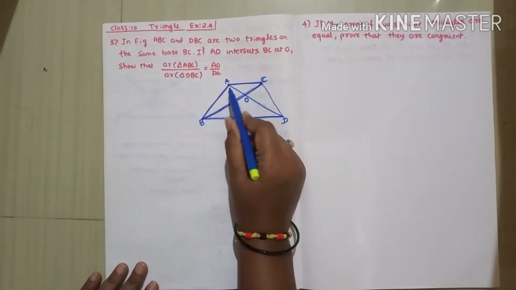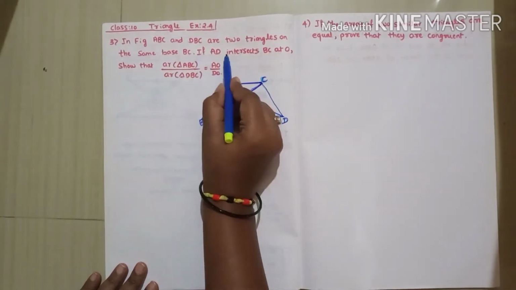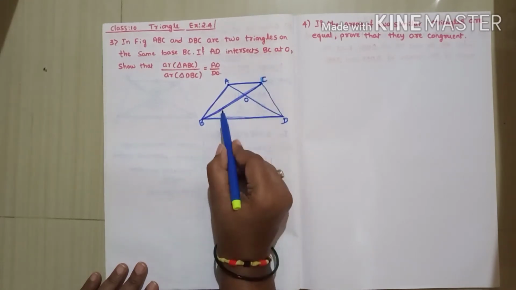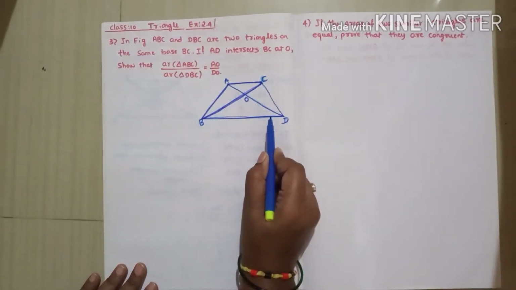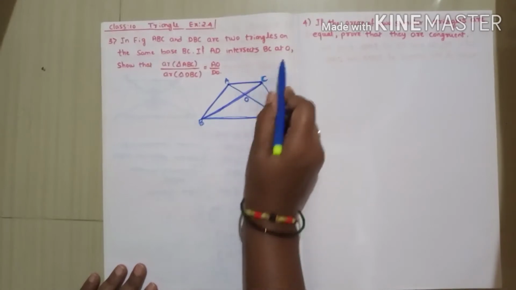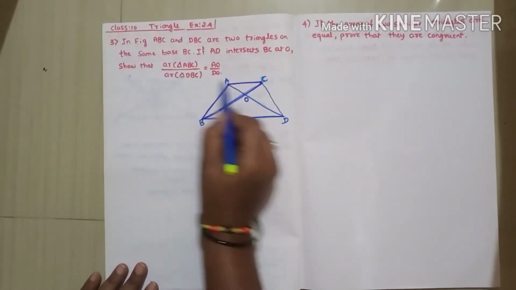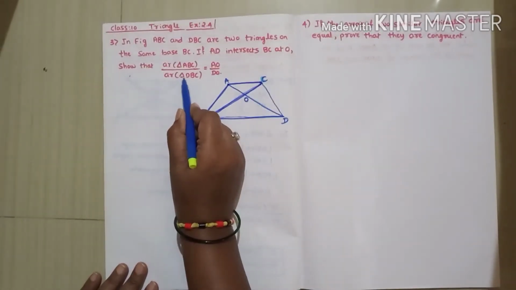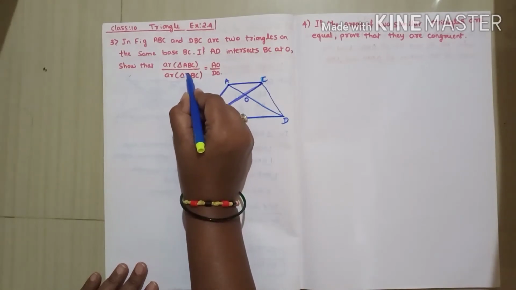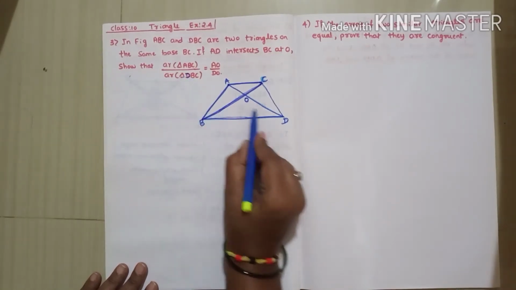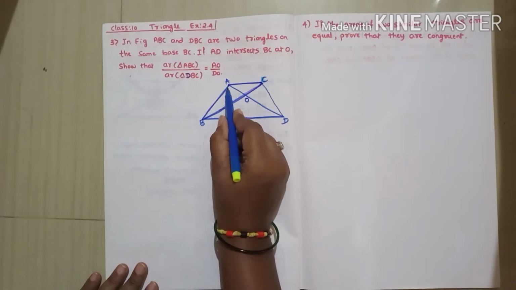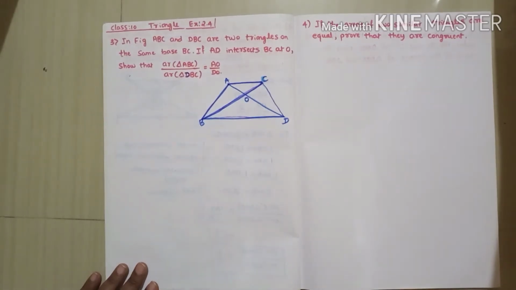This BC is common for both the triangles. If AD intersects BC at O, show that area of triangle ABC divided by area of triangle DBC is equal to AO by OD. We want to prove this here.